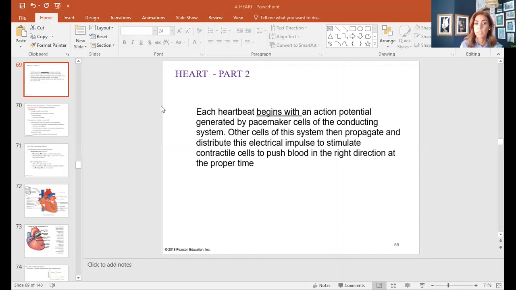We'll see how that works, as well as how you can graph that on the ECG, the electrocardiogram, to determine if those electrical events are actually working appropriately like they should. So each heartbeat is going to begin with an action potential that's generated by the pacemaker cells of this system that we're going to be talking about today.